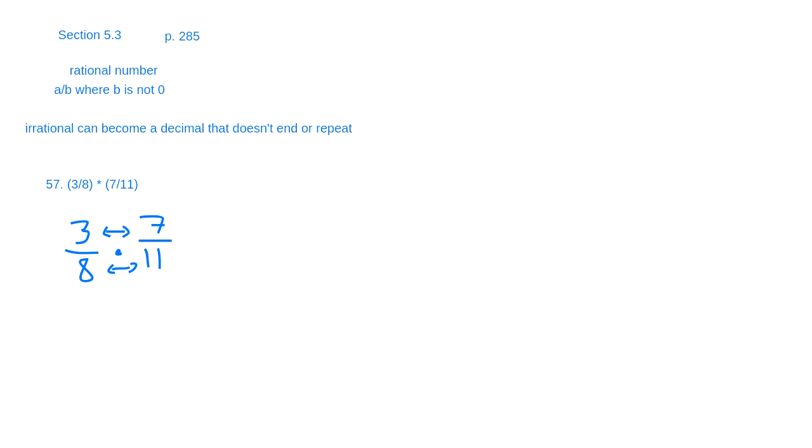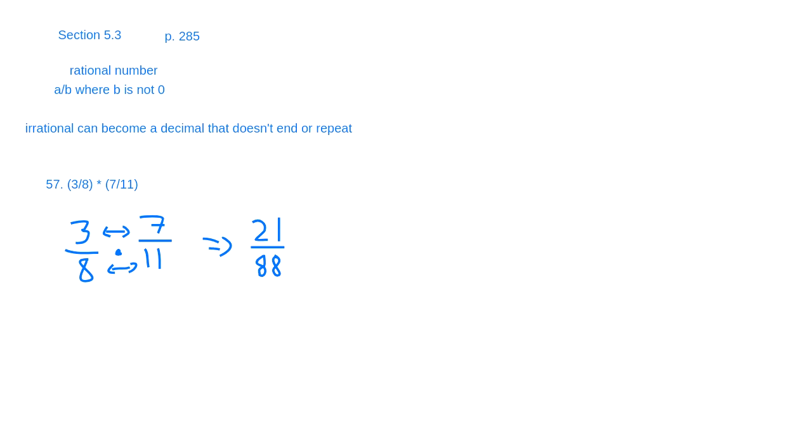So 8 times 11 is going to give us 88, so 88 is going to be the number on the bottom. And 7 times 3 is going to give us 21. So 21 is going to be the number on top. Now we're going to look at this and see if we can reduce this at all.